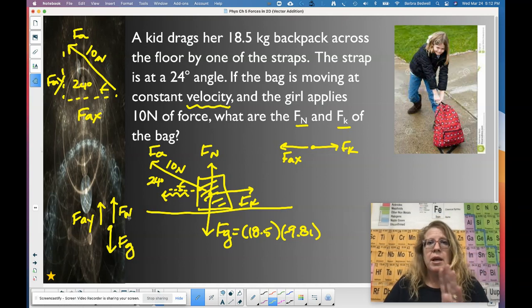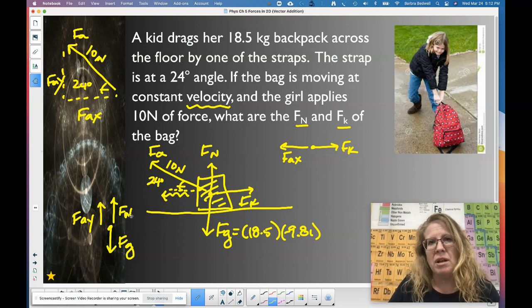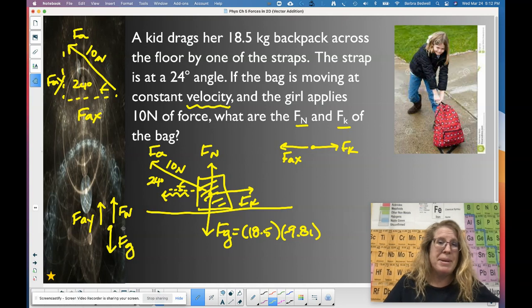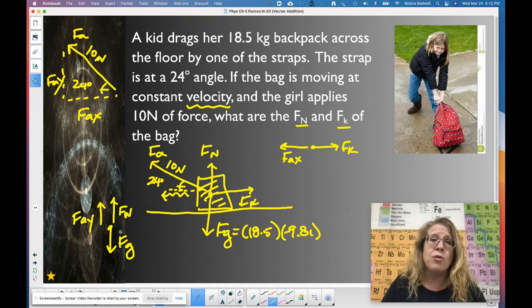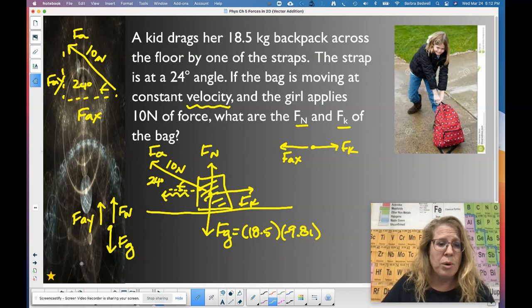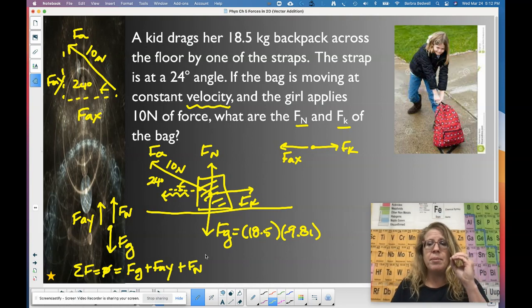How do I know that? The bag isn't moving vertically. Its vertical motion is constant. It's going horizontally. That means the upwards forces and the downwards forces have to be equal and opposite to one another. In other words, the net force here equals 0. So our forces FG, FAY, and FN all add up to 0.